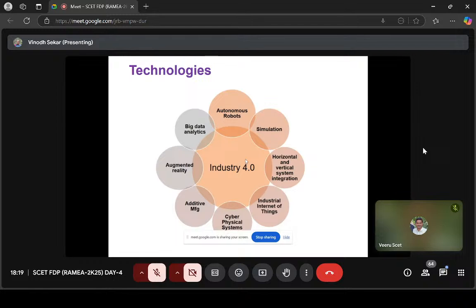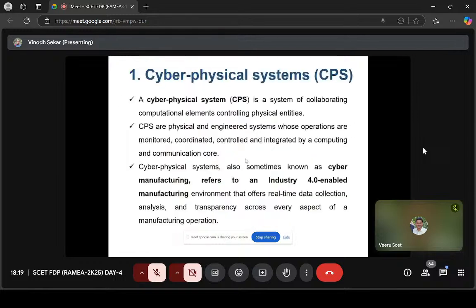Okay, let me proceed with the technologies governing the smart factory. As per the literature and the industry reports, there are 7 basic technologies that help in the execution of a smart factory. Let us go one by one. The first is CPS, where we had the initial discussion, and this is the base.